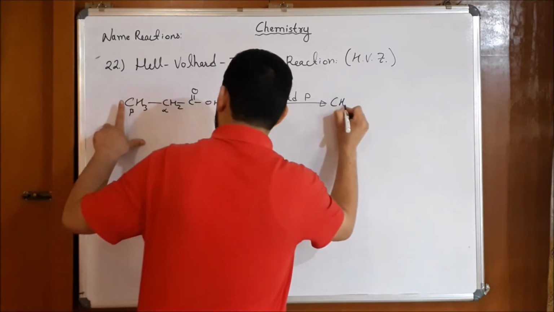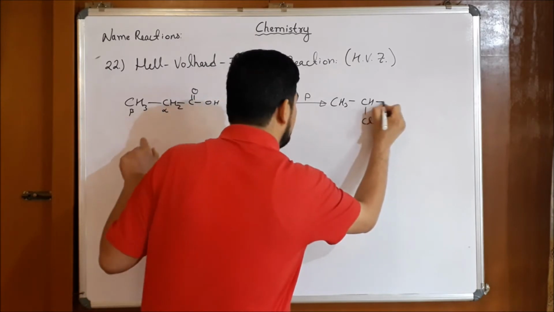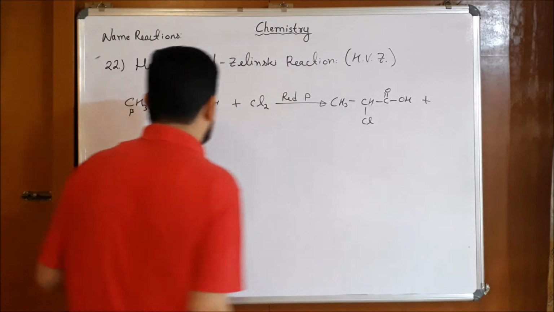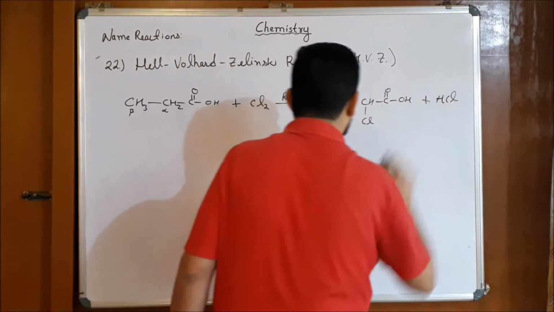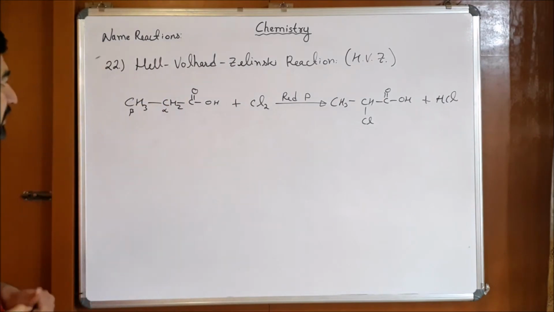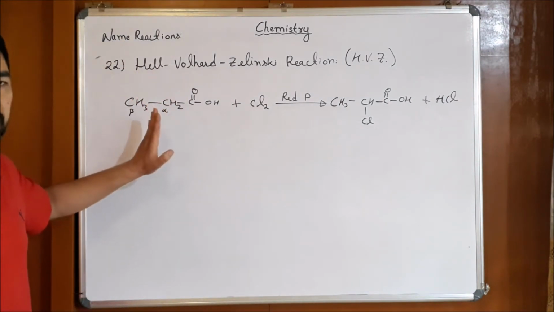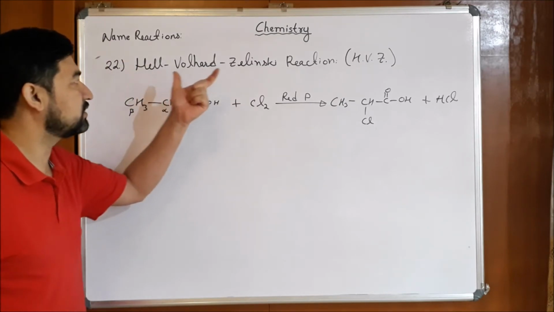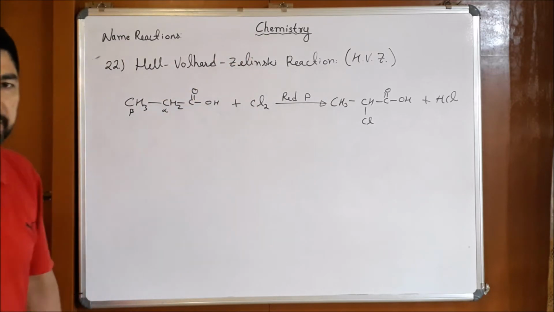Our product will be CH3, CH, Cl, C double bond O, OH, plus the side product HCl. Any carboxylic acid which has an alpha hydrogen can undergo this reaction. It is called the Hell-Volhard-Zelinsky reaction, or the HVZ reaction.